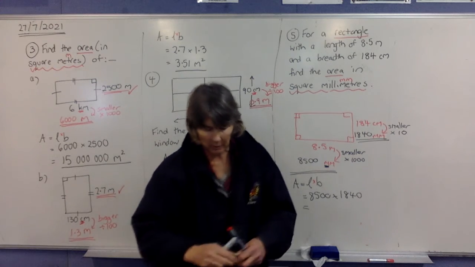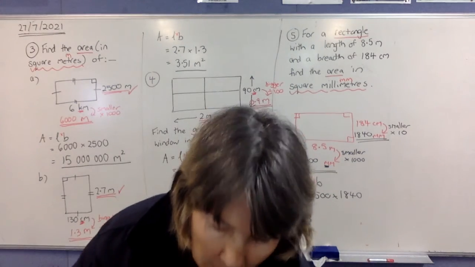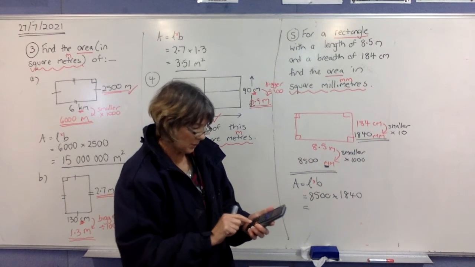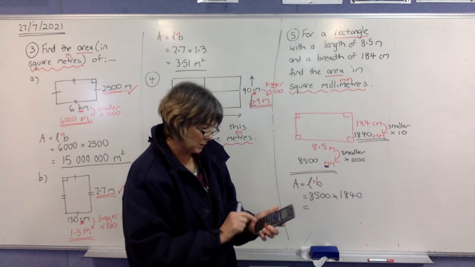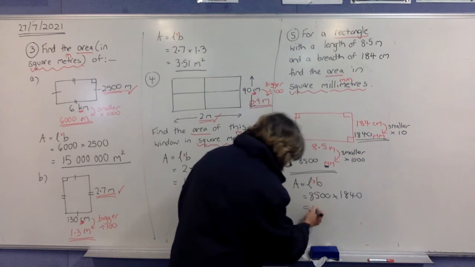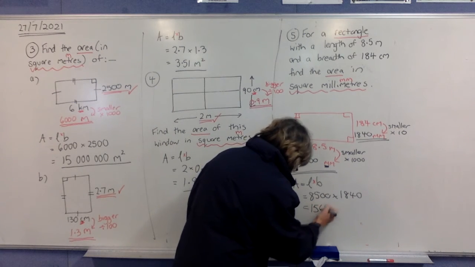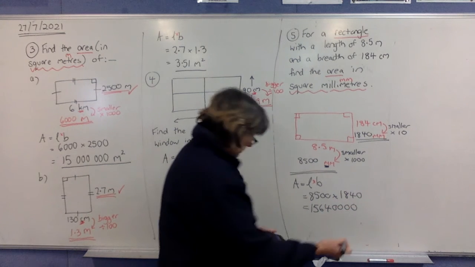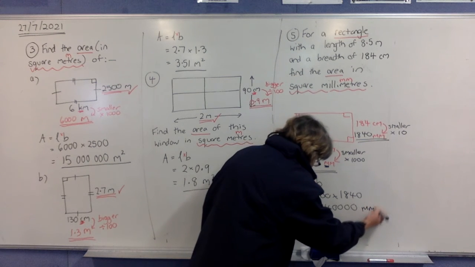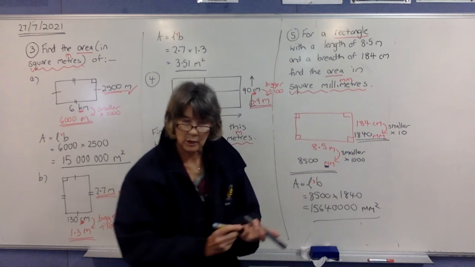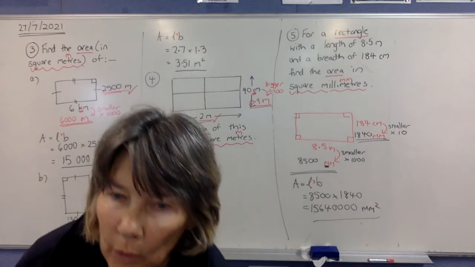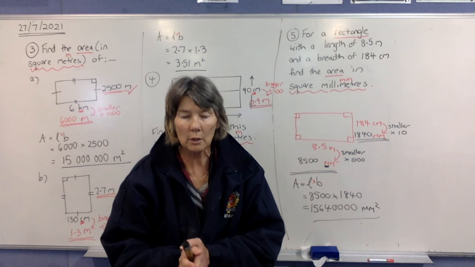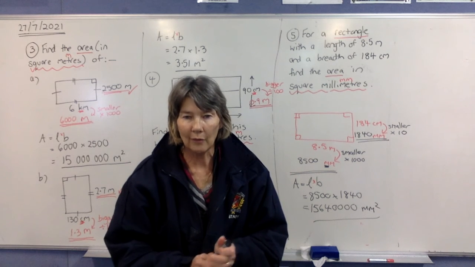So now we go to our calculator, type this in, 8500 times 1840 equals, and we end up with these numbers. And on the end you write millimetres squared, and the question's finished. So boys, it's really important that you make sure that the answer that you want, the units that you want, are the ones you're using in your formula.